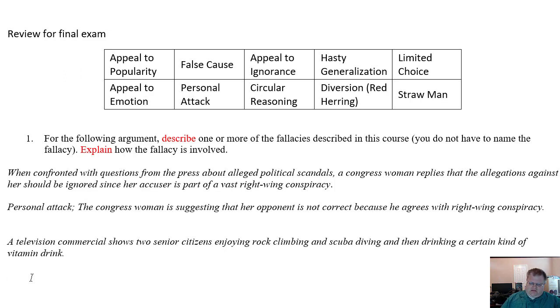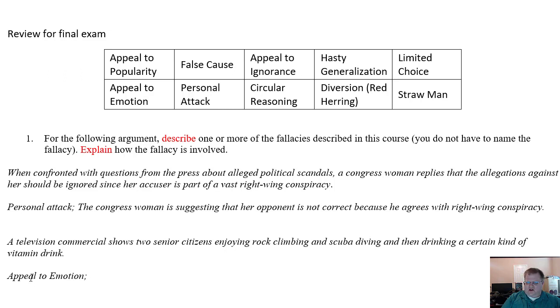Next statement, television commercial shows two senior citizens enjoying rock climbing and scuba diving and then drinking a certain kind of vitamin drink. Okay, so they are wanting us to feel something as we watch these old people do these fun things that we're not doing. So that's an appeal to emotion.